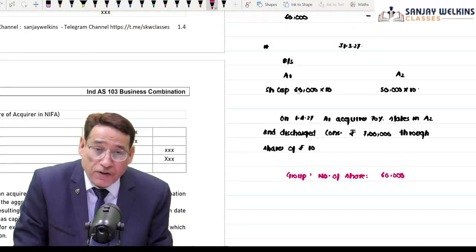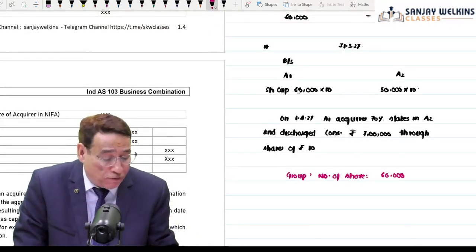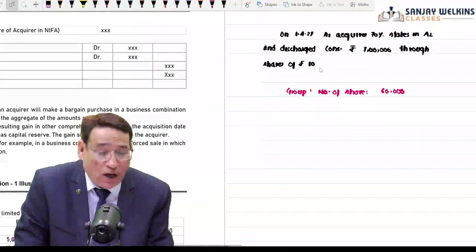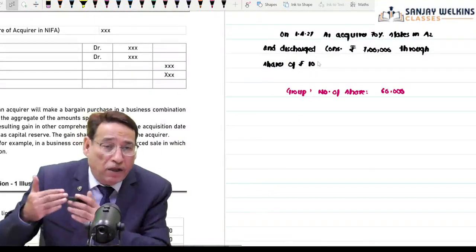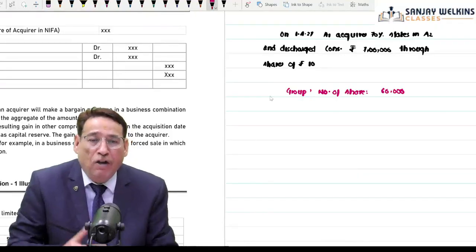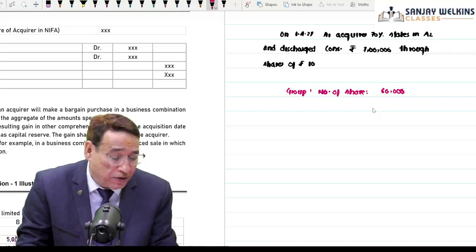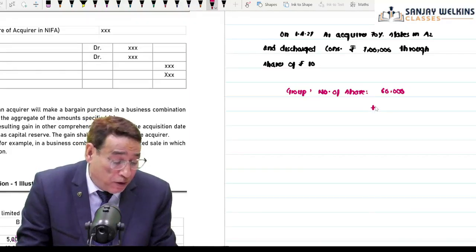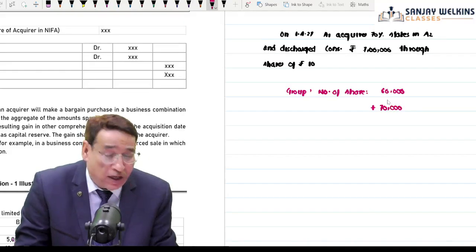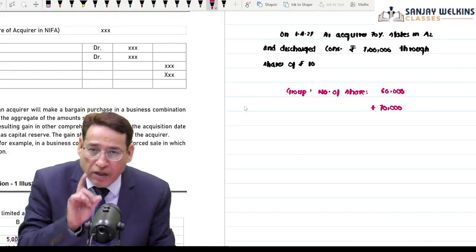It is 60,000. But you should not forget in this particular case that A1 Limited is issuing 70,000 shares. When A1 Limited issues 70,000 shares to discharge the consideration, its number of shares will move up. Are you getting my point or not?